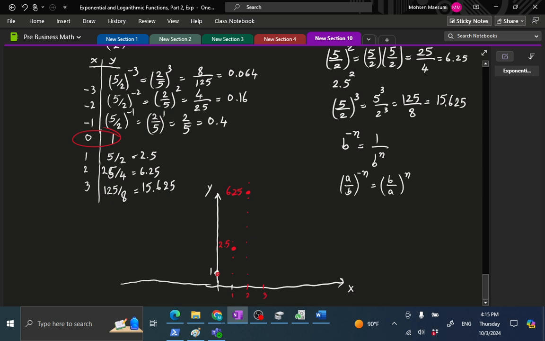At 3, I'm going to go way up. So this was 6, 7, 8, 9, 10, 11, 12, 13, 14, 15, 16. I'll be somewhere here. You see that it explodes. That's the property of exponential functions.